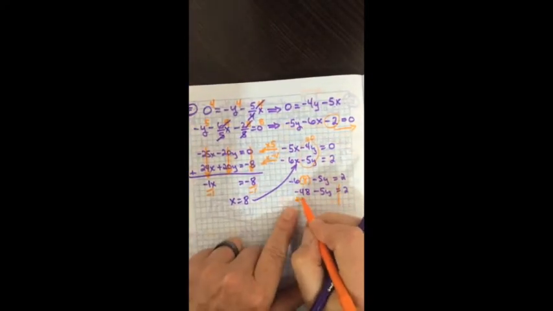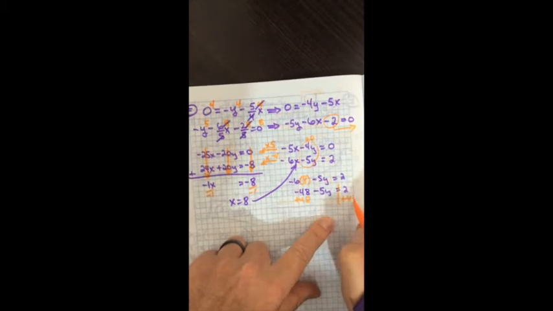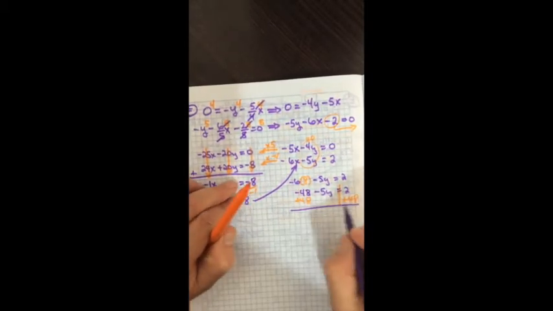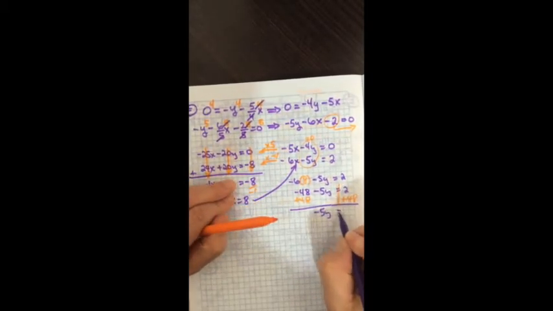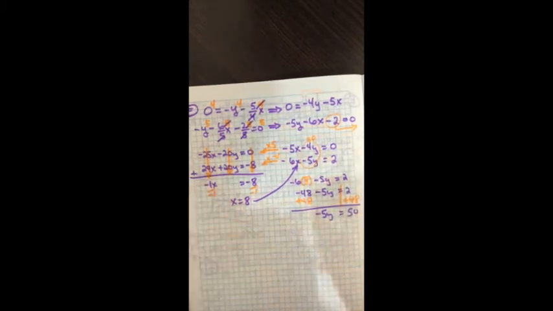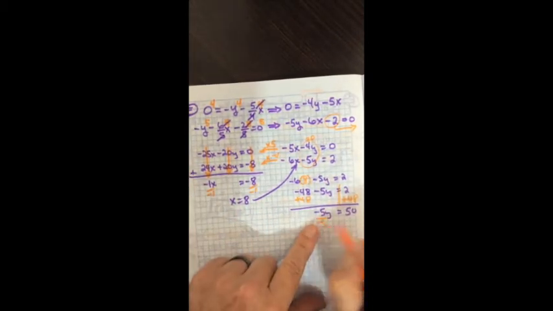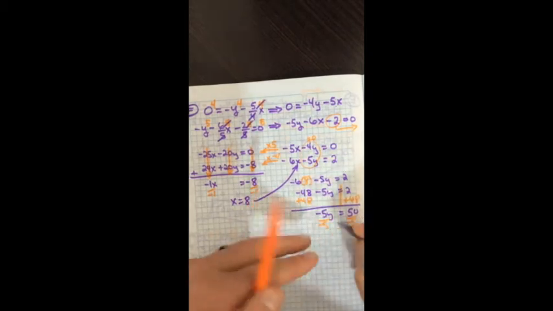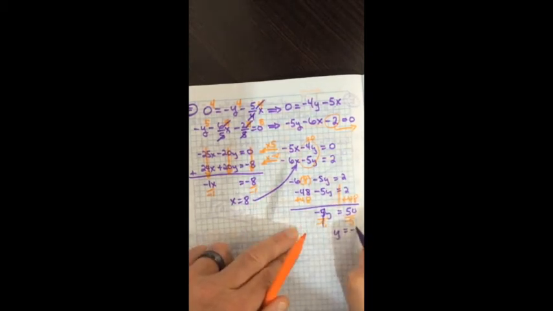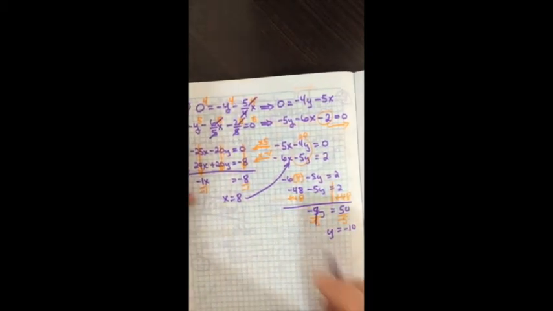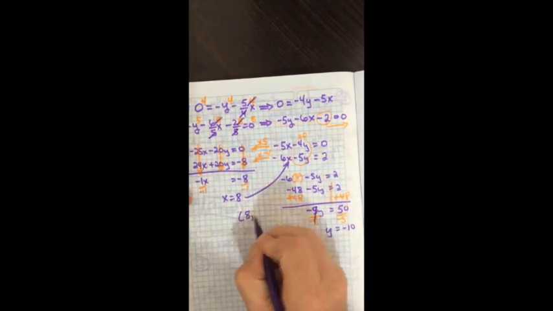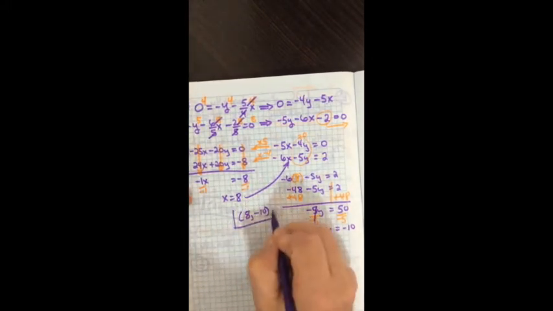We'll add 48. So we have negative 5y equals 50. Divide off the negative 5. And we have y equals negative 10. So our final answer, the x was 8, the y was negative 10.